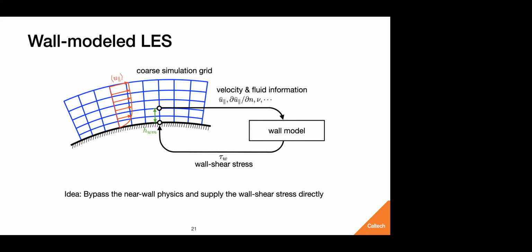And the wall model will give you what's called the wall shear stress, and this is the most important quantity to make sure that the statistics of your flow are correct. So you take the wall shear stress that the wall model gives you, and then you apply that as a boundary condition, rather than applying a typical no-slip boundary condition for the wall. So this is the schematic of the wall modeled LES.